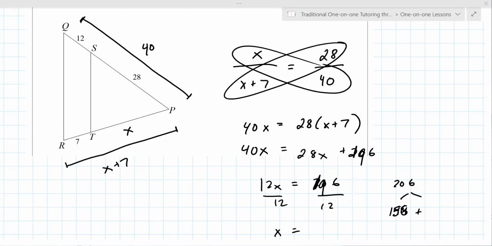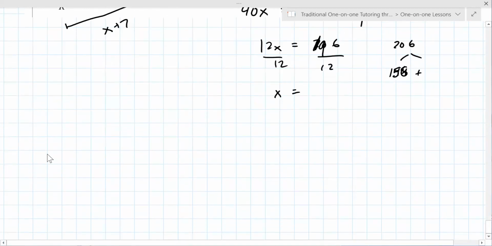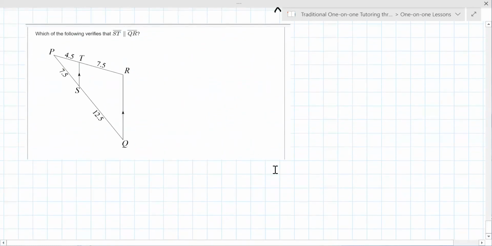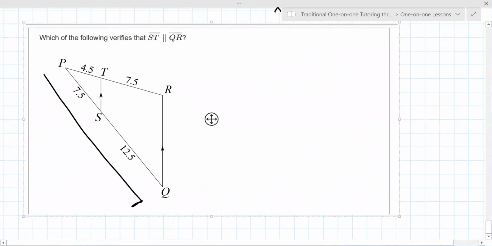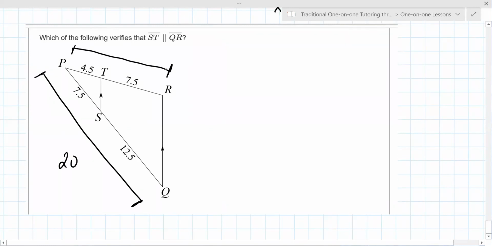And there's no variables this time. It's just verifying the ratios that we've been doing. So you'll notice here in this picture, again, we really want the whole length here, 20, and we really want the whole length here, which is 12.